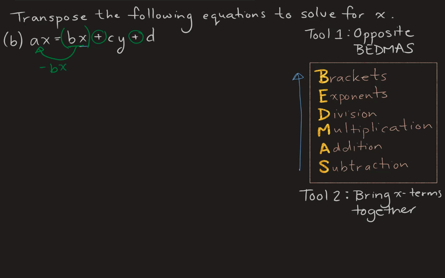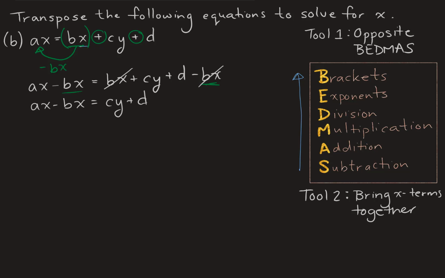So I have ax minus bx on one side is equal to bx plus cy plus d minus bx on the other side. Made sure that I subtracted on both sides. So this way I have ax minus bx is equal to, and these two bx terms cancel each other out now. So I get cy plus d.